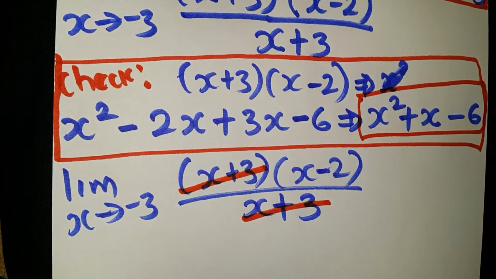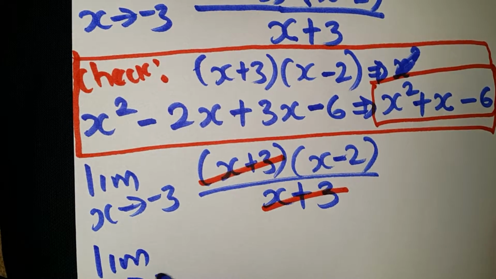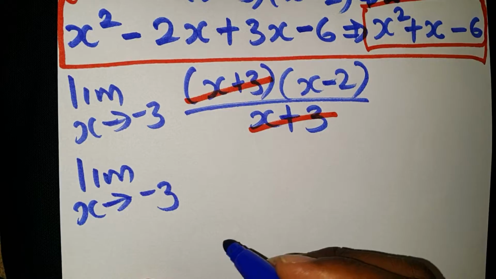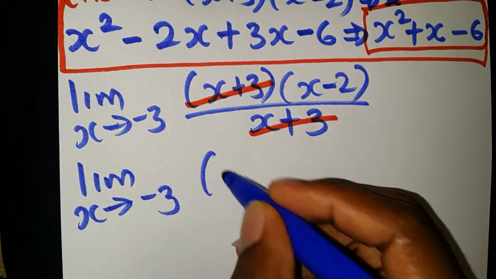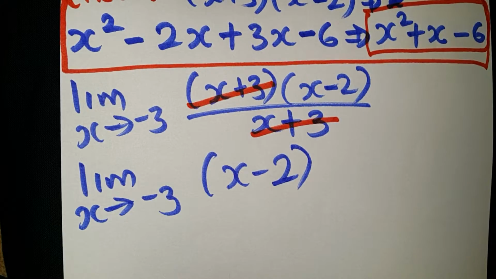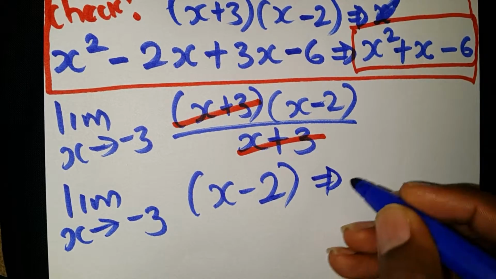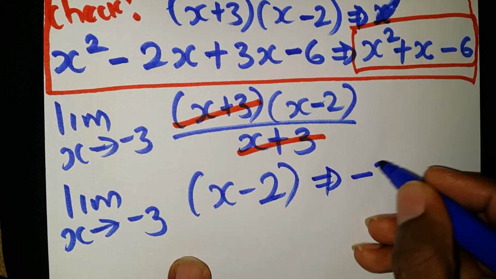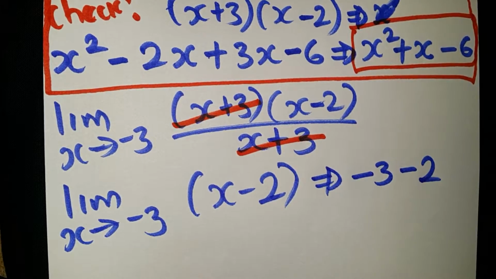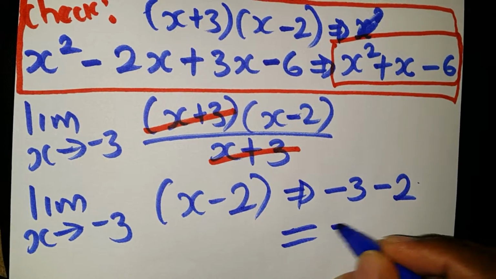We only have x minus 2. We have limit x tends to minus 3, x minus 2. So we can now plug in what x is tending to. If we plug it in, we have minus 3 minus 2, which will be minus 5.